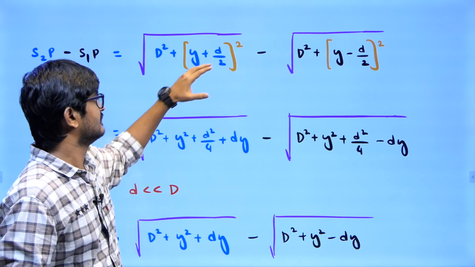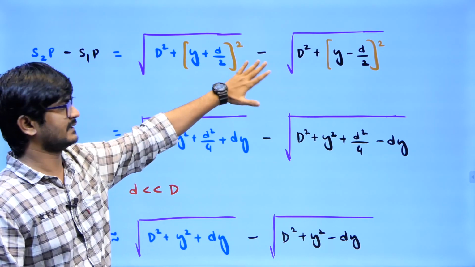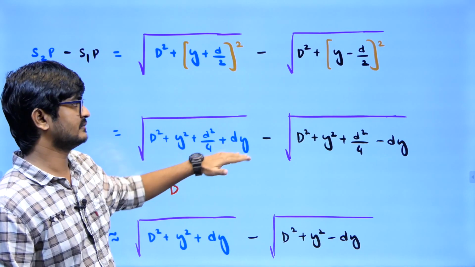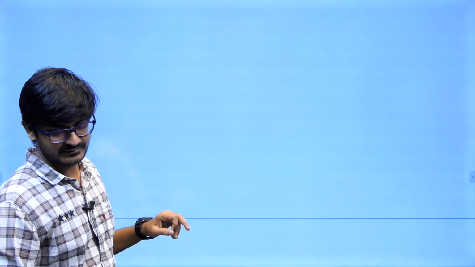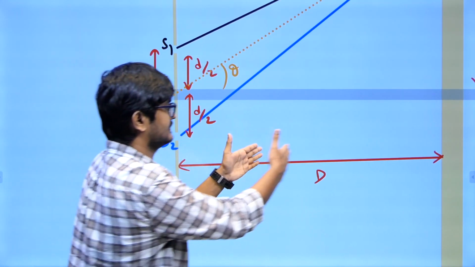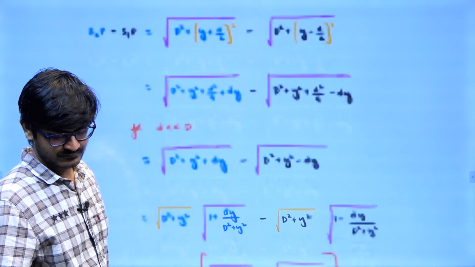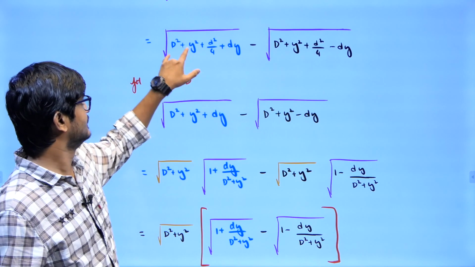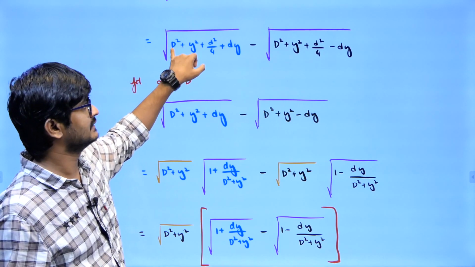Now I didn't take any consideration right now. It's just like Pythagoras, no approximation. Now I am taking an approximation, which is small d is much less than capital D. The meaning is this distance is very big when compared to this distance. Now in that case I can see that d square by 4 is very small when compared to the other things, right?